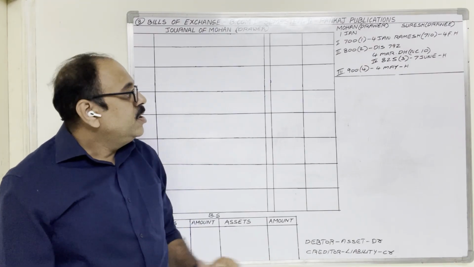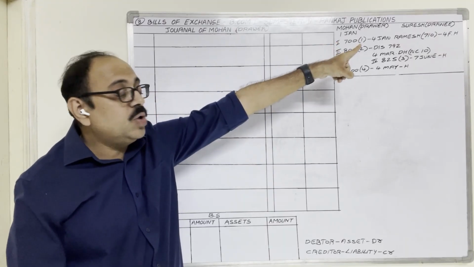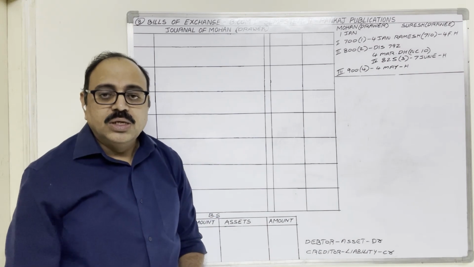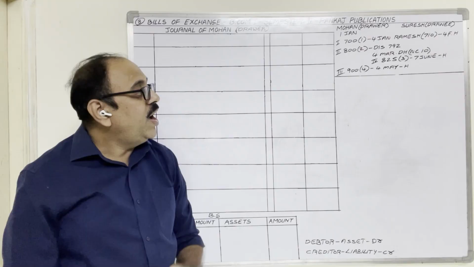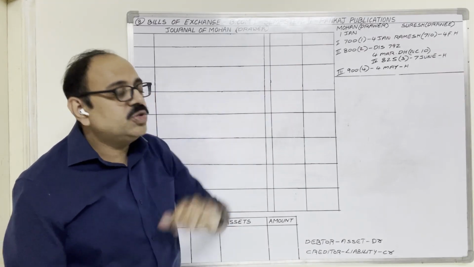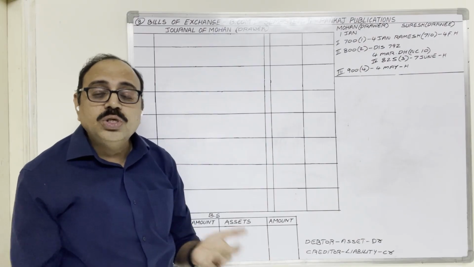First, what happened? Mohan prepared 3 bills and received acceptance from Suresh on all these 3 bills. So for receiving acceptance, we have to write the first entry. First of all, why is Mohan preparing bills on Suresh? Because Mohan sold goods to Suresh on credit.